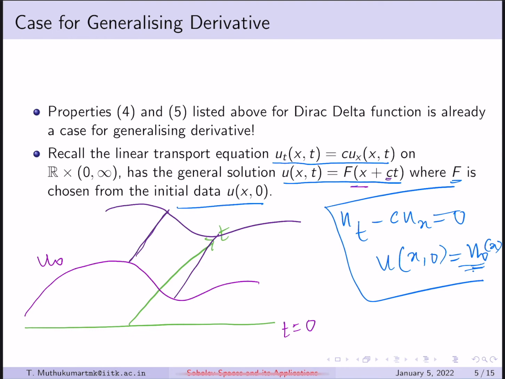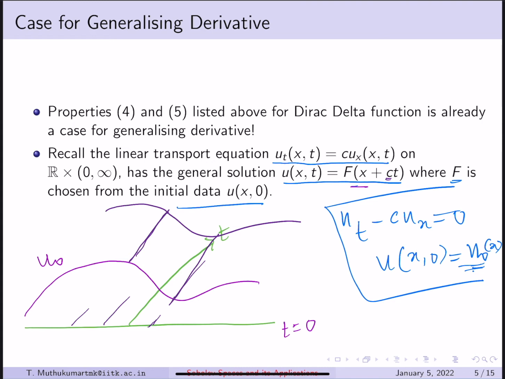So basically it's saying that the solution is constant along this characteristic line with slope 1 over c. Whatever initial data you have is just shifted along the characteristic lines. That's what it means, which is what the solution of the transport equation means.